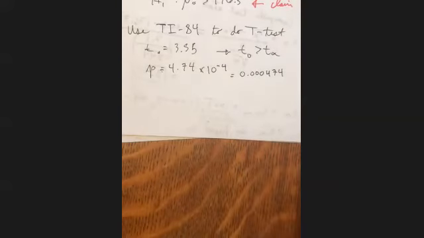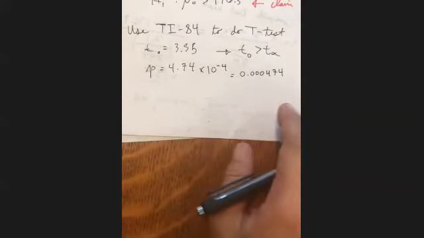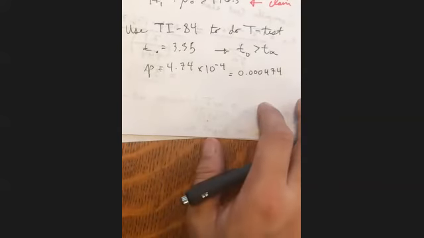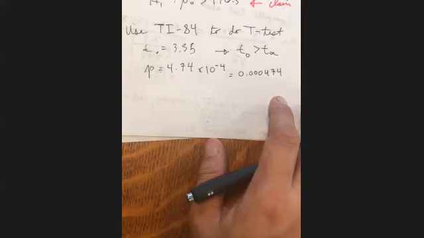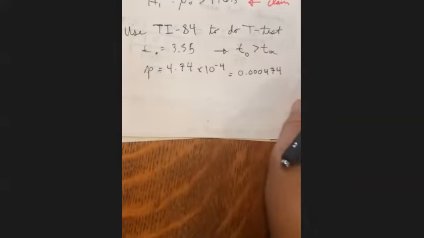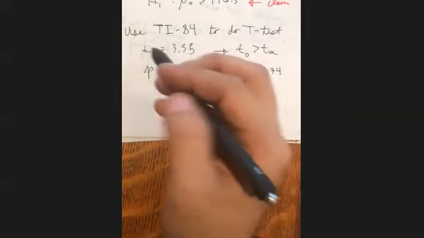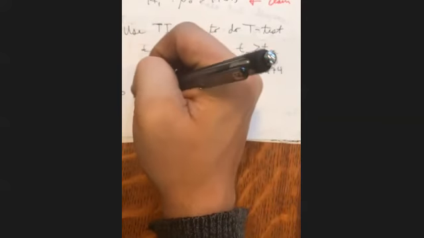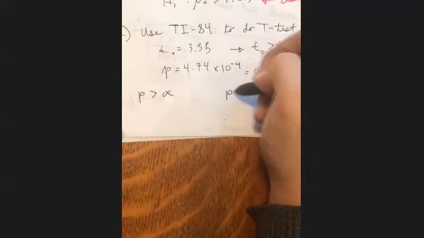Now, without telling you where this p-value comes from immediately, I'll just show you how we use it to determine the result of our test. All we need to do is compare the p-value to the alpha value. So there are two possibilities: either p is greater than alpha, or p is less than alpha.